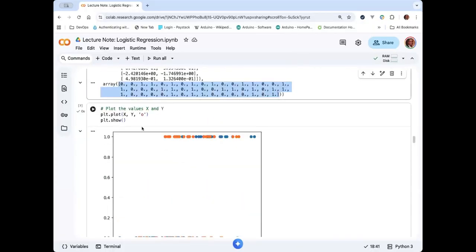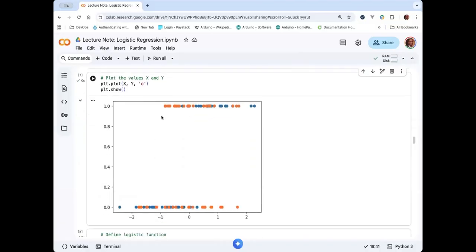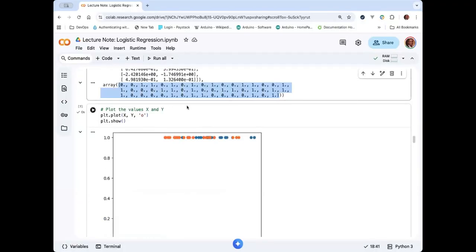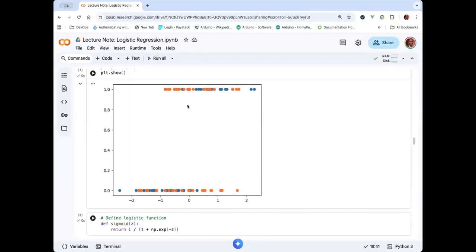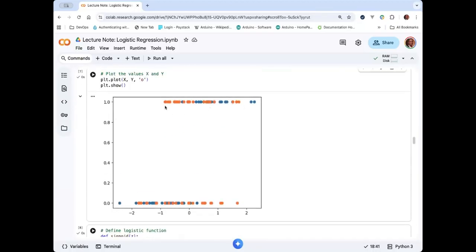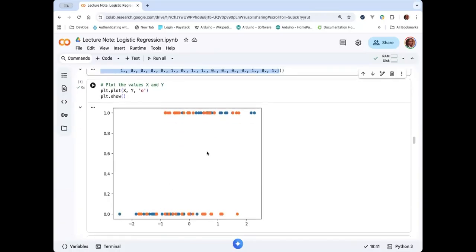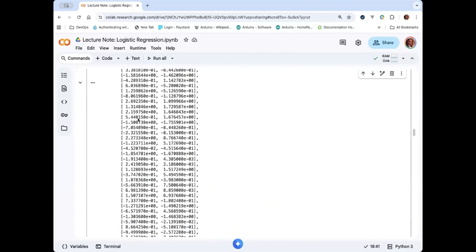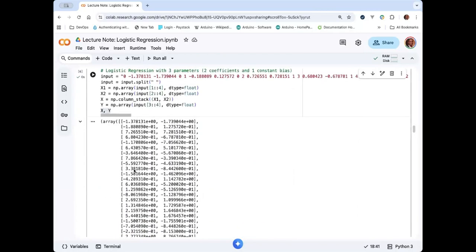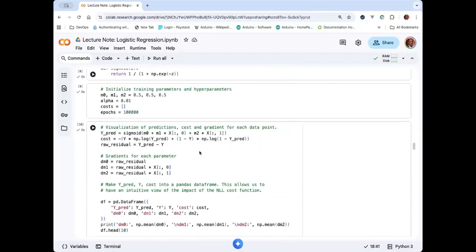So here, what we did was we actually plotted x versus y to see how it goes. But we don't have any model yet, so we're not plotting that one yet. But here we are just plotting x and y values. And you see you have two series. You have the red series and the blue series. So the blue series are the first value of x, and the red series are the second value of x.